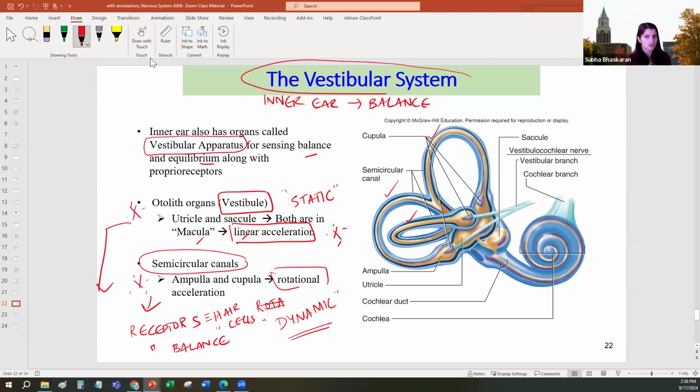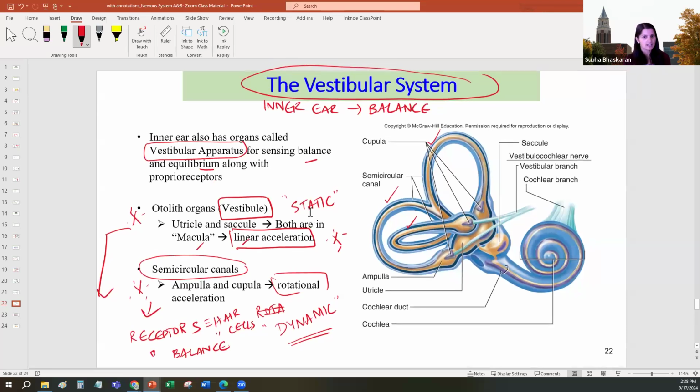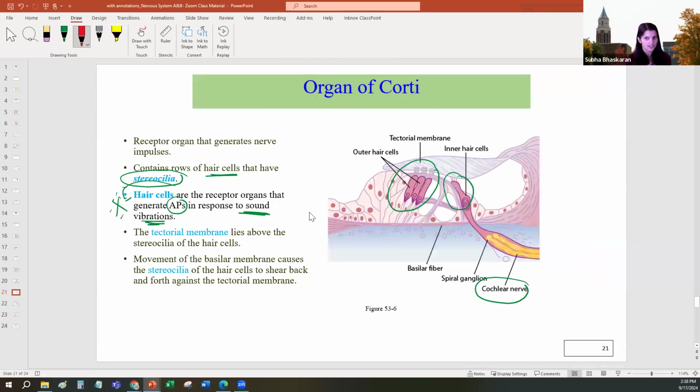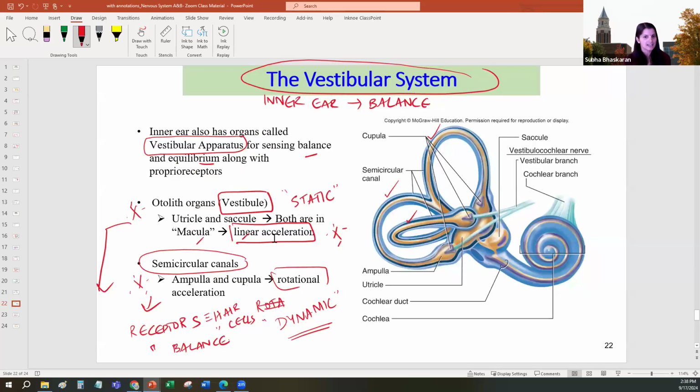In the vestibular system. If the hair cells are found in the organ of Corti, what do these hair cells sense? Hearing. You see the difference? There are hair cells inside the organ of Corti, but they are responsible for hearing. If I have hair cells inside these structures, they are responsible for sensing balance. Clear?